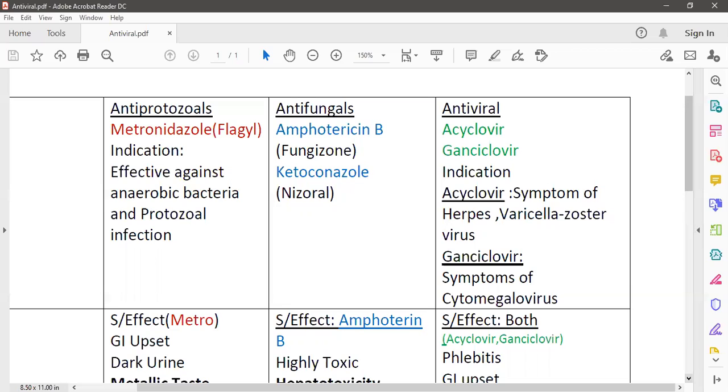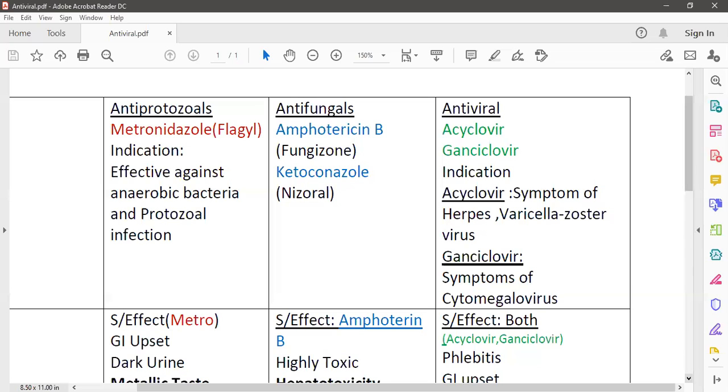Antifungal medication, also known as antimycotic medication, has the property of being fungicidal or fungistatic, meaning some of them kill the fungi and some of them inhibit the growth of fungi. They are used to treat and prevent mycosis, such as athlete's foot, ringworm infection, or candida infection, which is called oral thrush.